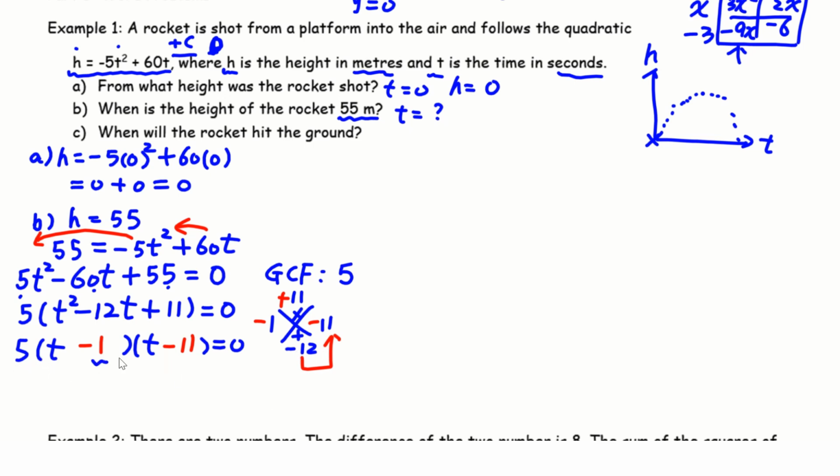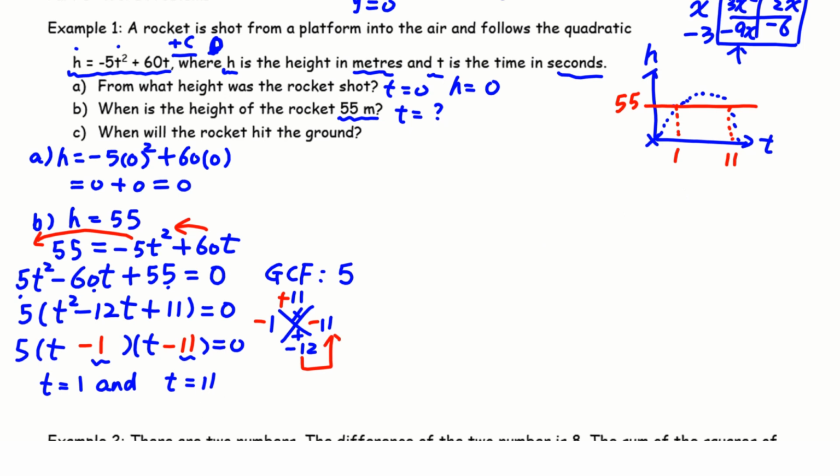We can get the zeros right away, so t equals 1 and t equals 11. So what this means, if we draw a height of 55 here, then the rocket reaches 55 at 1 second, then comes back to 55 at 11 seconds.